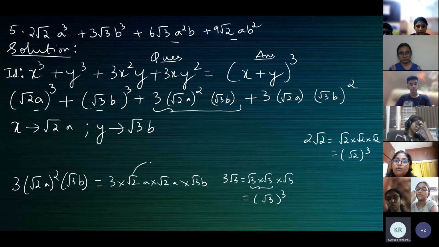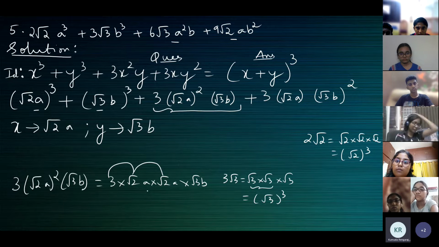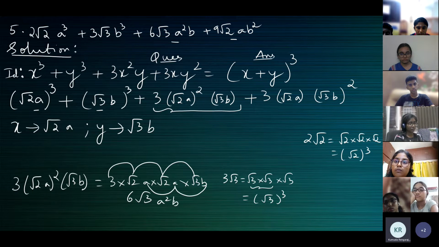Now root 2 into root 2 is 2, 2 into 3 is 6, 6 into root 3 is 6 root 3, a into a is a square, b. 6 root 3 a square b.